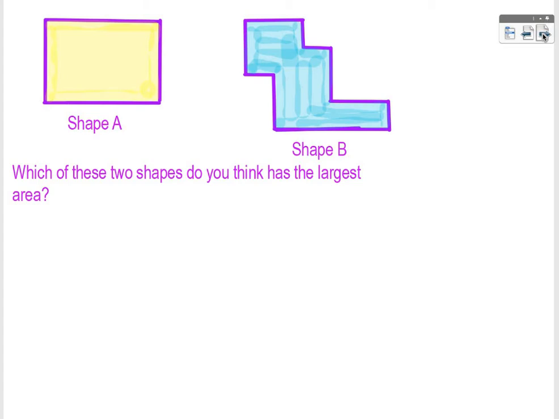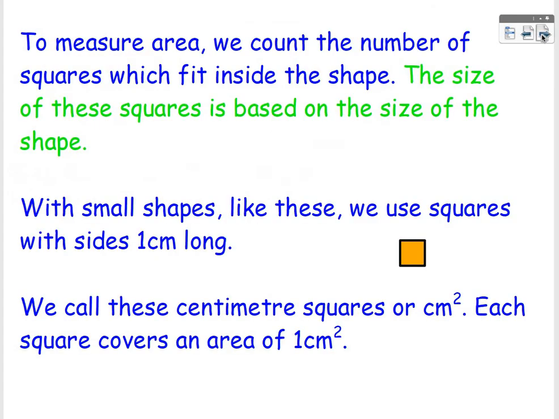So we need to have some way of measuring area. And to do that, we count the number of squares which fit inside the shape. The size of the squares we use depend on the size of the shape. With small shapes like the ones we've just seen, we could use squares with sides 1 centimetre.